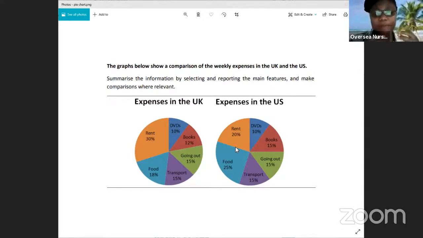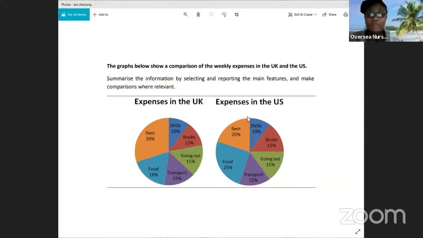So for people in the UK, they spend most of their money on rent, which is about 30% of the total income on a weekly basis, while for the US, they prefer to allocate more money to food, and it stands at 25%. That's their own highest. In addition, the lowest for both of them is DVD, which stands at 10%.